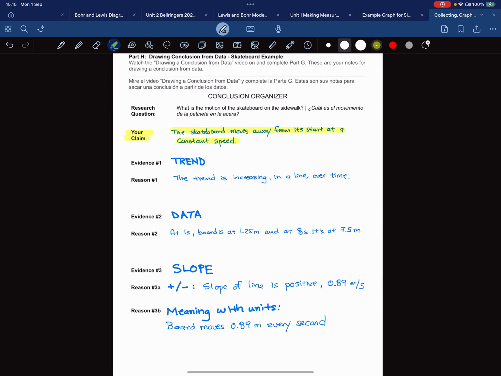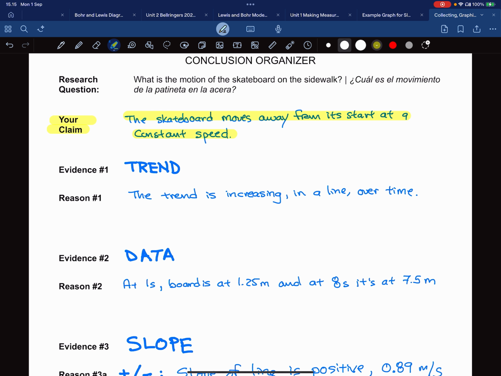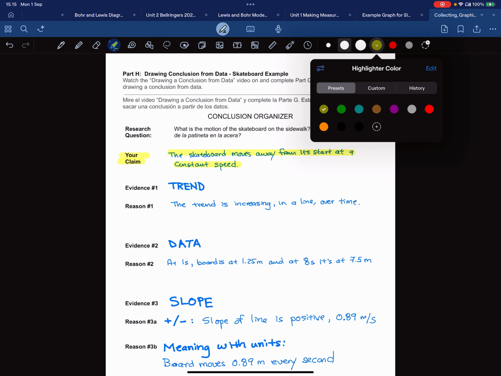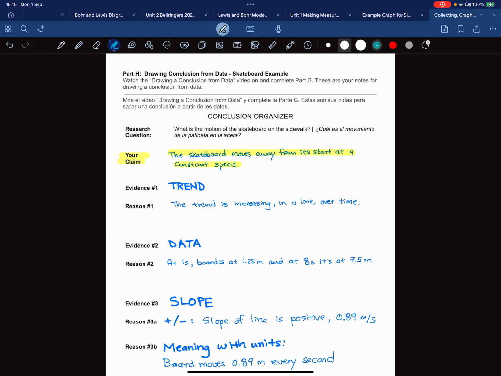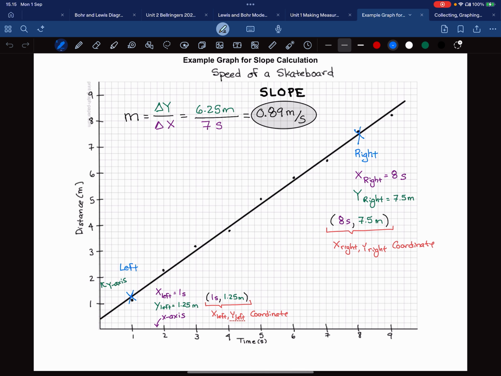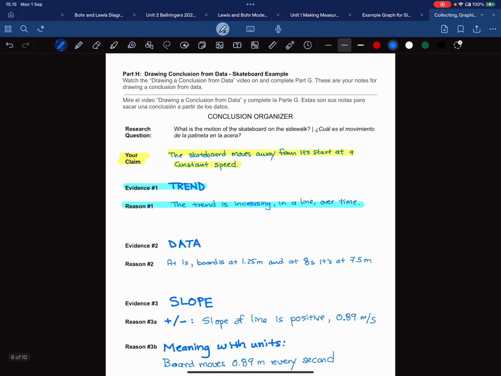The second part is the evidence, which I'm going to color code blue. I know this because, go back to your evidence, the trend is increasing in a line over time.